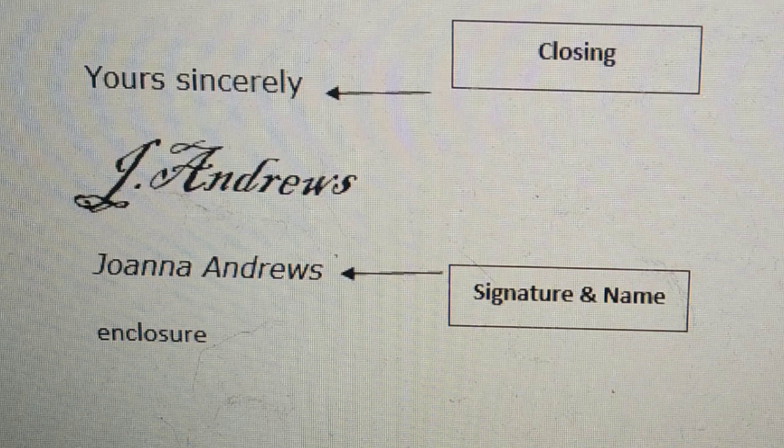And one of the most important parts that you should not forget is to put the word enclosure at the very bottom of your letter. What does enclosure mean? If you put enclosure in your letter, it means that you attach all the required or needed documents that will go along with the letter.